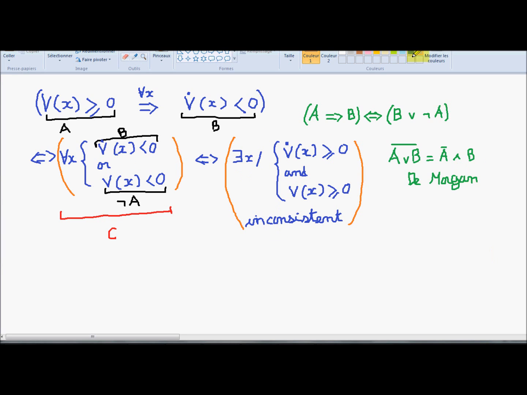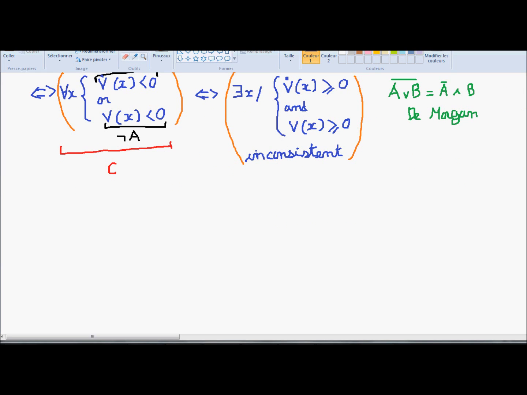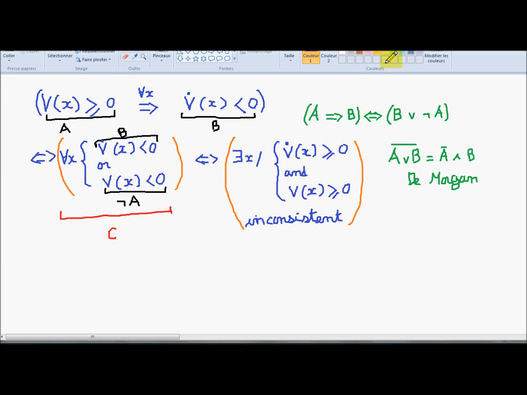Okay. So in fact, I have to prove that this system of inequalities is inconsistent.